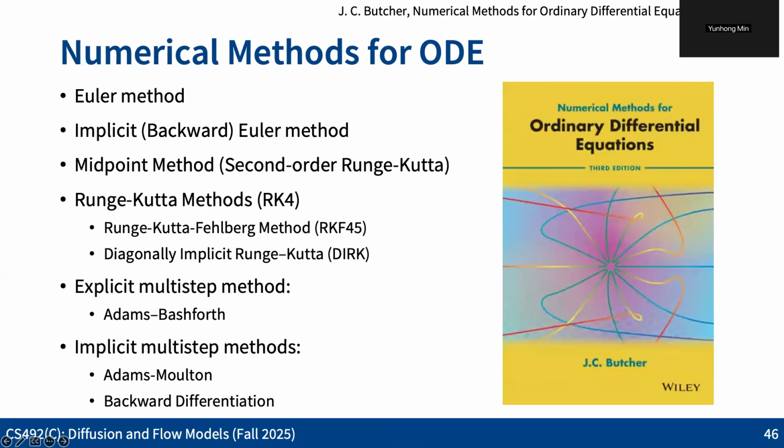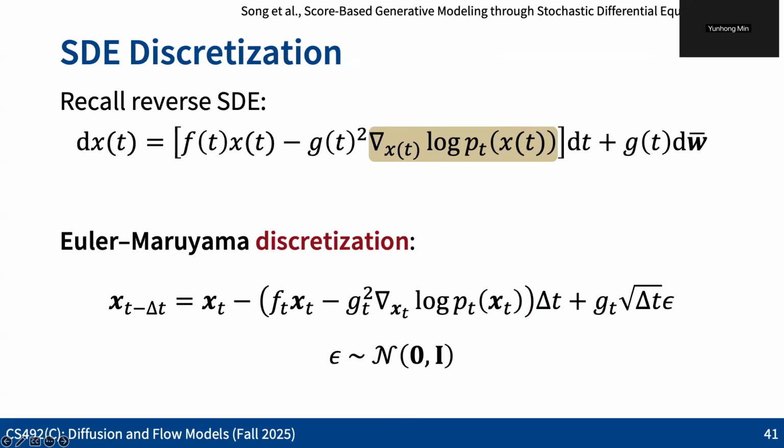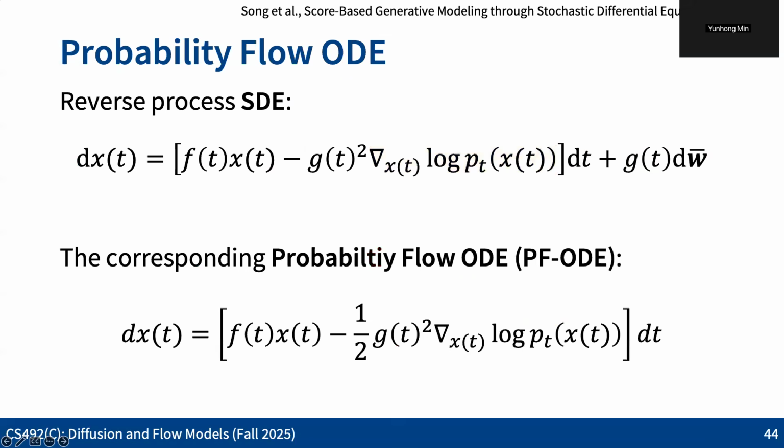And this can be done for the ODE because for the SDE formulation, because of the stochasticity, we need lots of time steps to get an accurate approximation because of this term. But when we do not have this term, there are lots of techniques that we can use to solve the formulation much faster. So that's the basic idea in terms of how we can make a faster solver for the pre-trained models. Make sense?